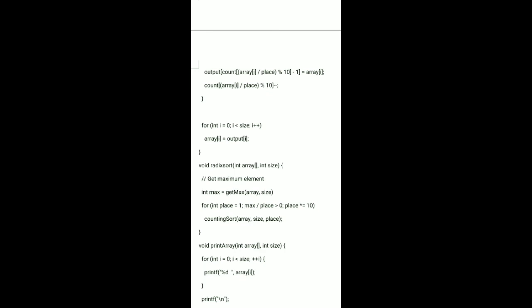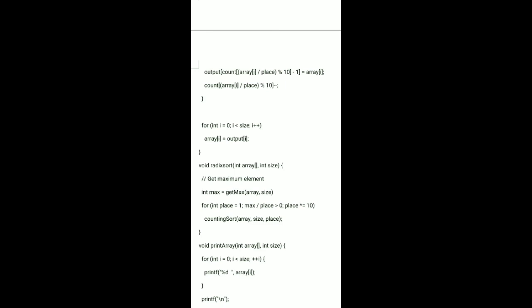And to get the maximum element, int max = getMax(array, size), we'll use this, and we have to change the position of the value to divide the number, so we will use place multiplied by 10. It will move us into the hundreds place, and again into the thousands place. For that, this function will be called.